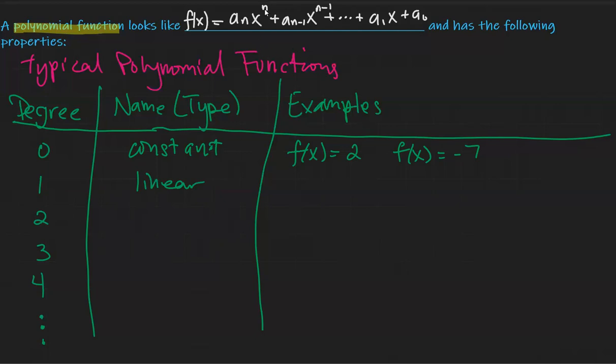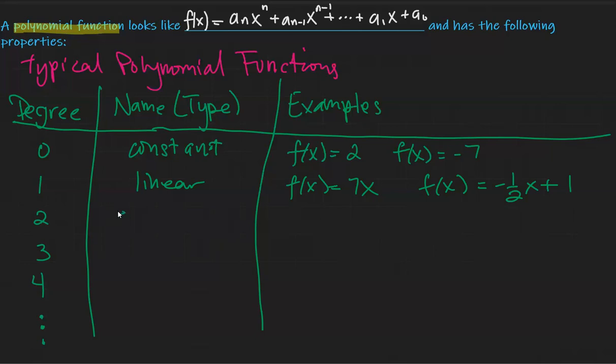Degree 1 means that the highest power is 1, which means that we usually just have regular x. Okay, so example for that one, f of x is equal to, let's say, 7x. F of x is equal to -1/2 x plus 1, right? These are examples of linear functions. We've seen these before. These are the ones we looked at in chapter 2.